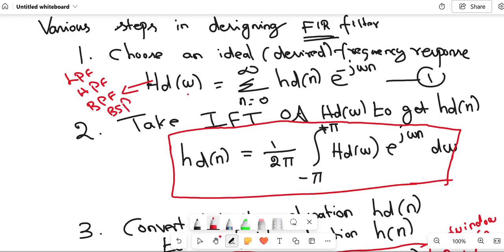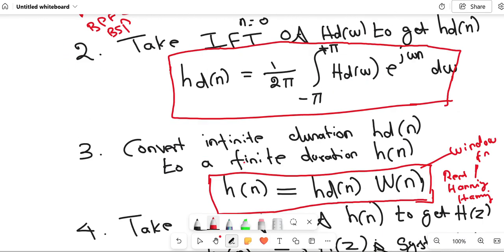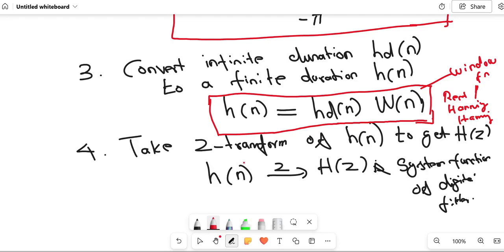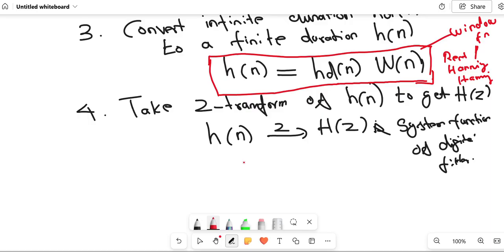So, for a given desired frequency response, determine the infinite impulse response coefficients by taking the inverse Fourier transform. Then truncate the infinite sequence into a finite one by multiplying by the window. Then convert your h of n, the FIR finite sequence, into the system function h of z of a digital filter by taking the Z transform.